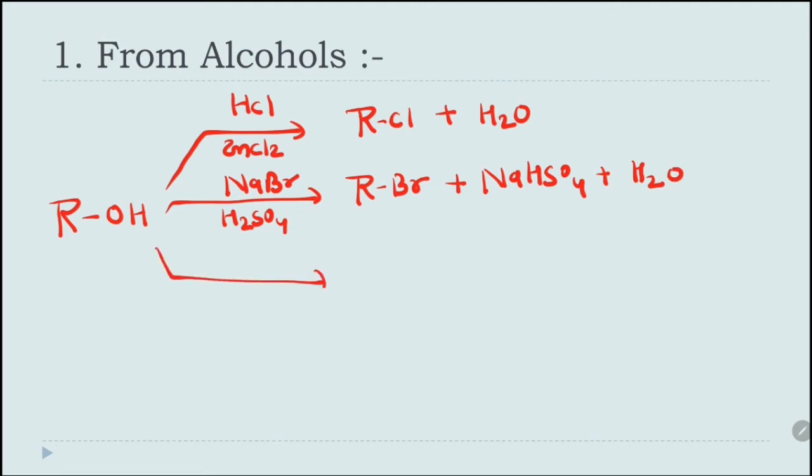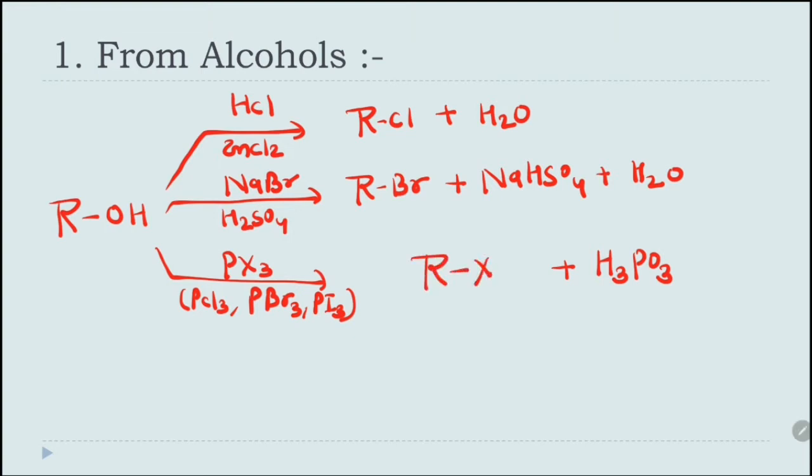If we react alcohol with PX3, now what is PX3? It may be PCl3 or PBr3, or PI3. Okay, so here the side product will always be H3PO3, and we will get haloalkane RX.